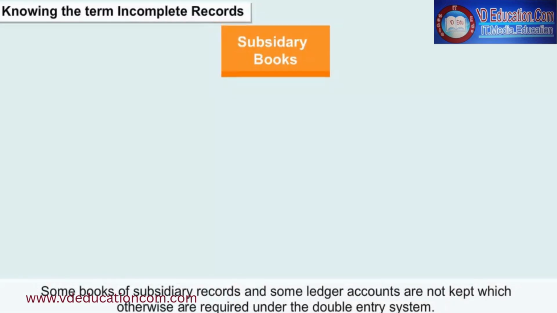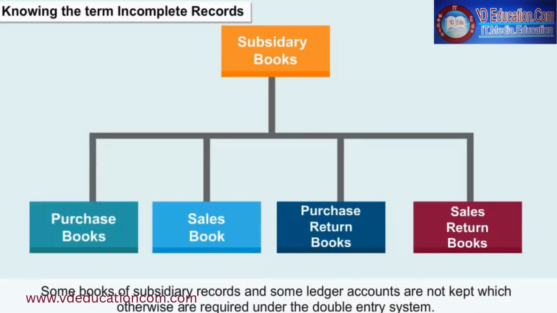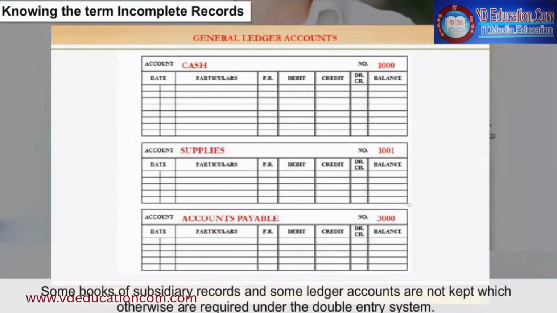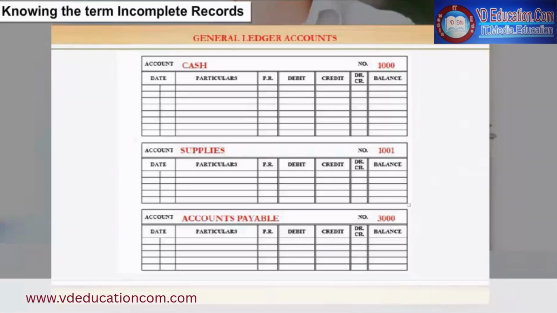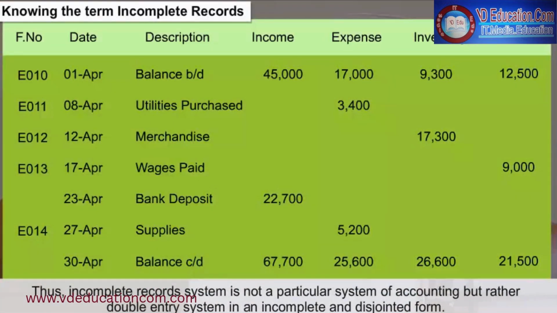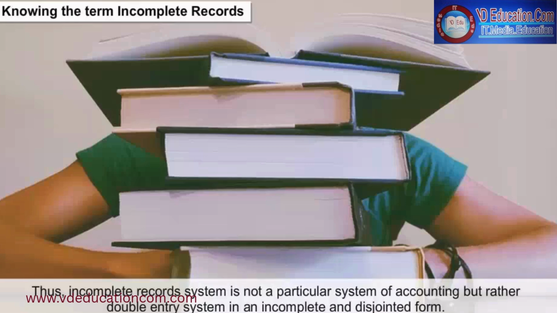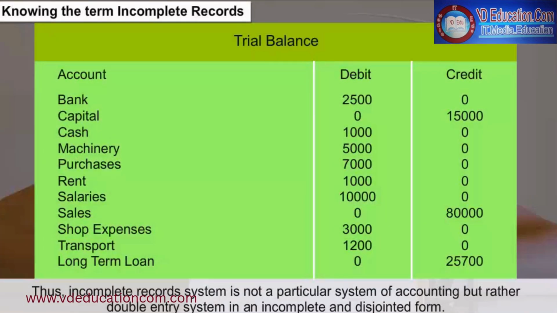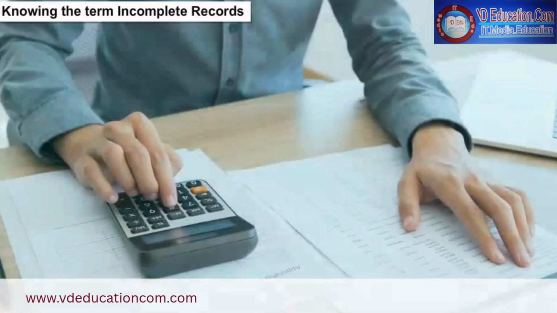Some books of subsidiary records and some ledger accounts are not kept, which otherwise are required under the double entry system. Thus, the incomplete record system is not a particular system of accounting, but rather the double entry system in an incomplete and disjointed form.